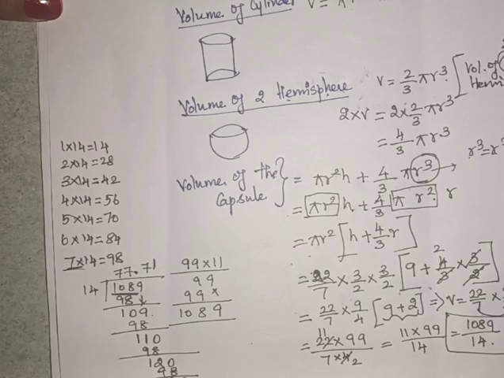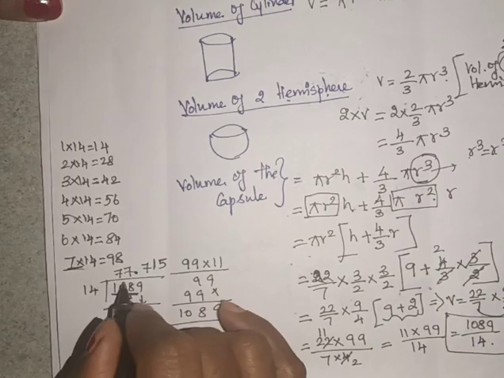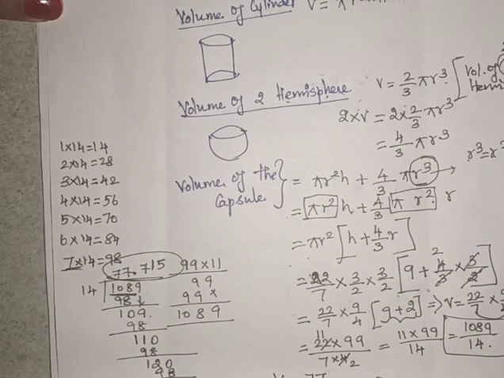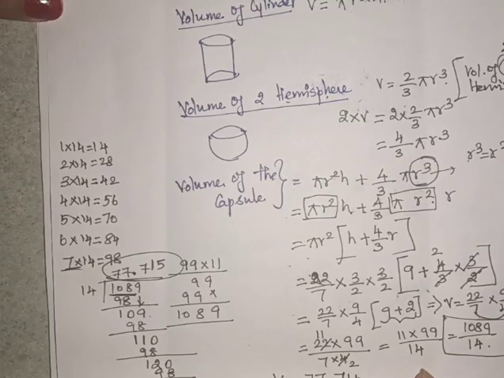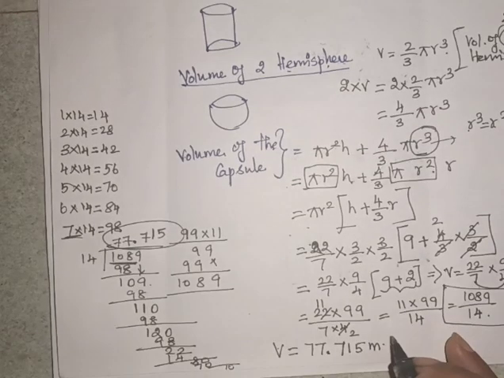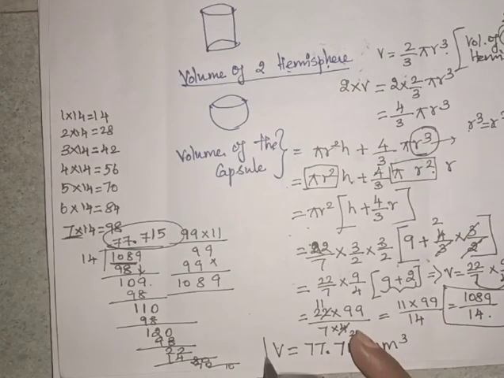The volume of the capsule is equal to 77.715 millimeter cube.